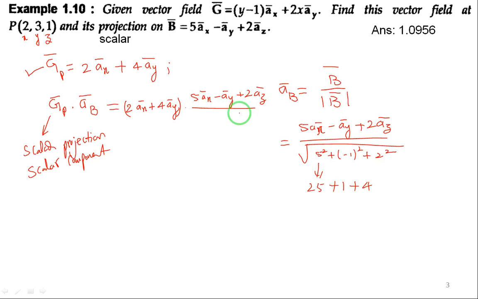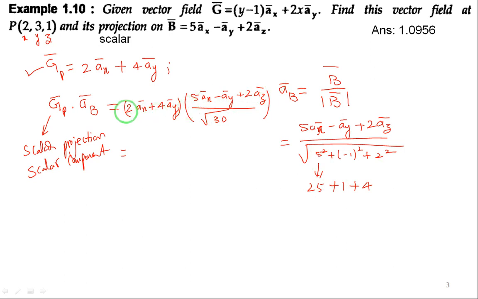So 25, 26, 26 plus 4, 30, root 30 I will get. Simplify it and take the dot product. The dot product of two vectors is always a scalar quantity, and we know how to multiply two vector quantities using the dot product.